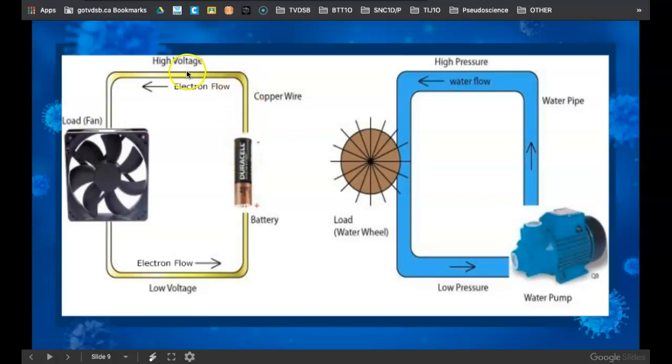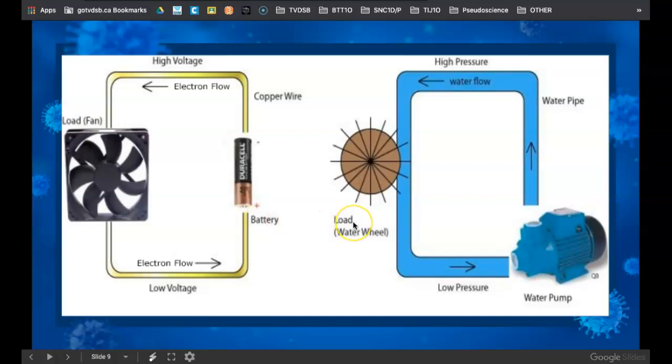All right. They gave them electric potential or potential energy. Now, when it goes through the load, that energy is turned into making that fan turn. And so when they come back to the battery, they have low voltage. And in fact, when electrons come back to the battery, their voltage is 0.